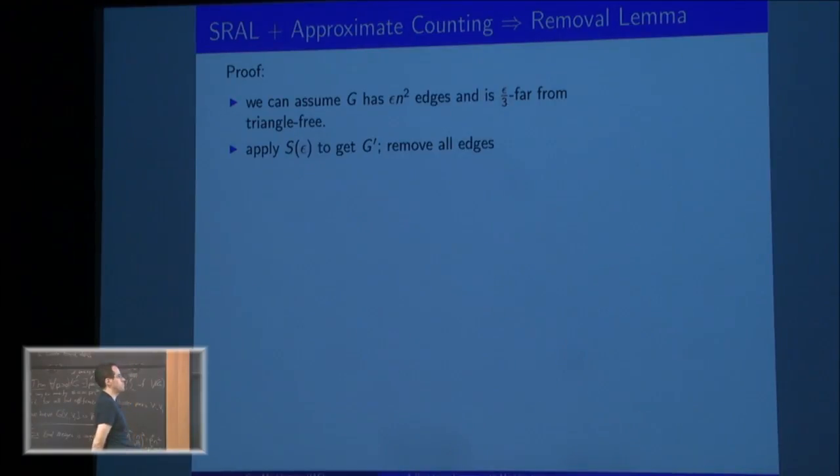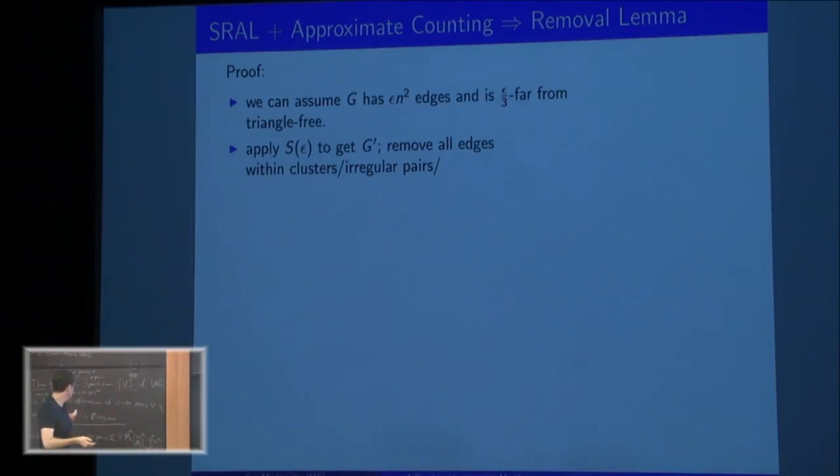G prime was obtained from G by modifying 1% of the edges. And once you have this graph, we're going to now clean it. We're going to remove all the edges that lie within clusters and between irregular pairs. If you have Vi and Vj, and we have no guarantee on the bipartite graph there, whether it's regular or not, we're going to remove the edges.